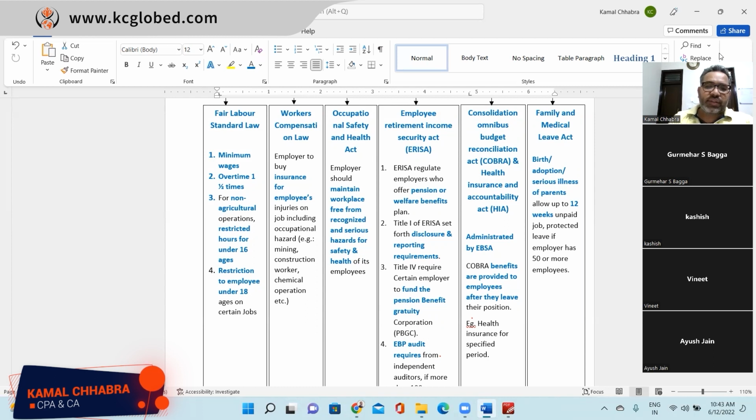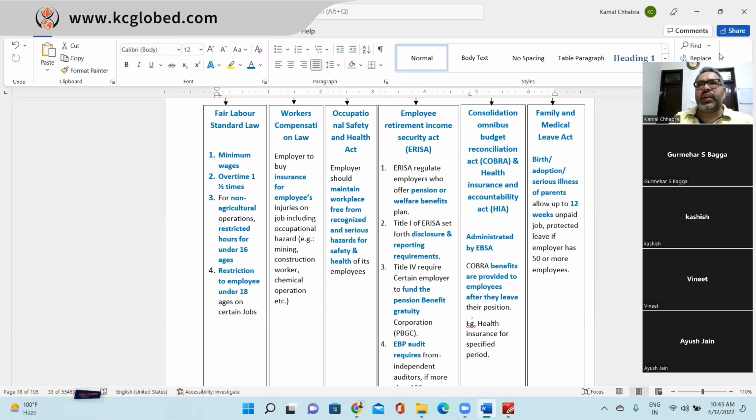Next is restriction on employees under the age of 18 in certain jobs. Where the company is using hazardous components, or heavy equipment or machinery, there are certain restrictions on employees under 18.